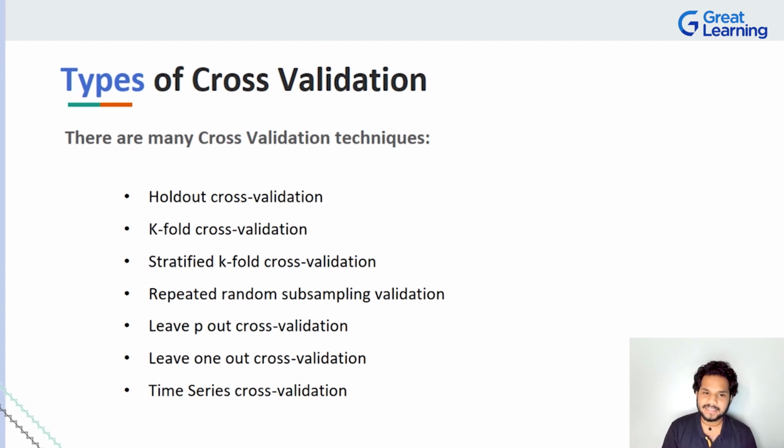You can see on your screen that there are many techniques, the holdout cross validation, K-fold, and once you start diving in depth in the K-fold system itself, you'll realize that there can be another method through which you can improve K-fold itself, and that is stratified K-fold, right?